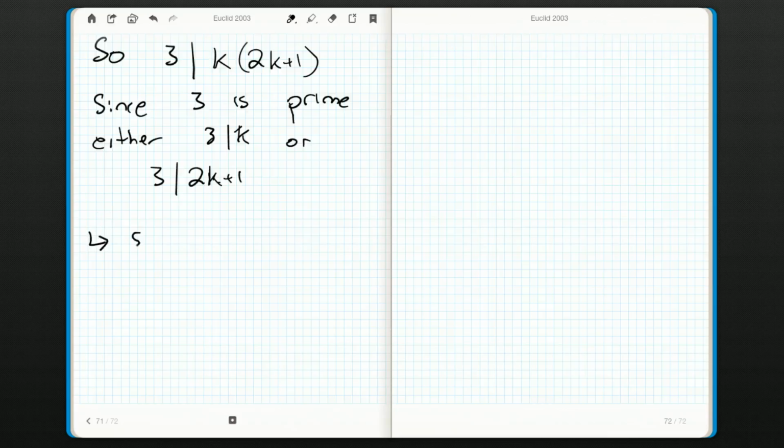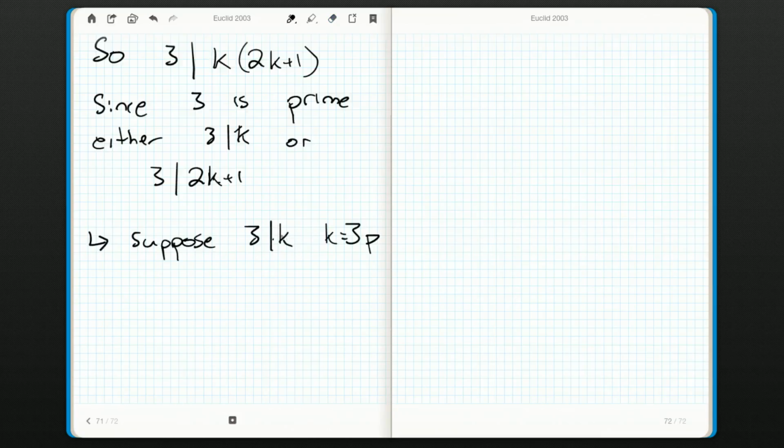So suppose 3 divides k. We'll say that k is equal to 3p. That way, if I need to keep breaking this down into factors, I can use q, r, and s. I shouldn't have used k after n.